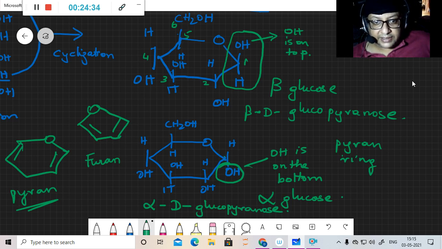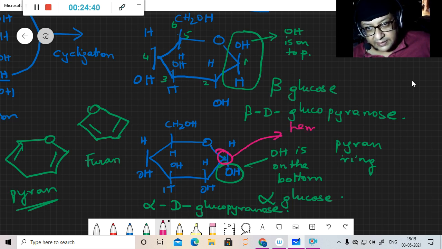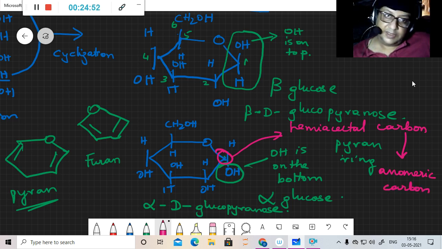And this carbon over here is also known as hemiacetal carbon or anomeric carbon. So the first carbon is the hemiacetal carbon or anomeric carbon.